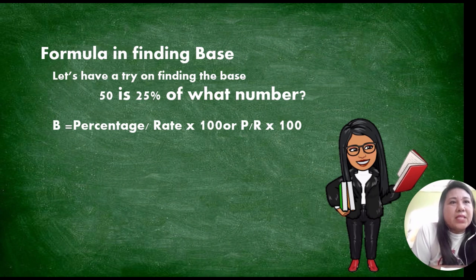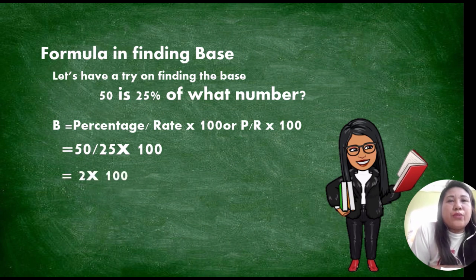So we replace percentage by 50 and rate by 25. So 50 divided by 25 times 100. We find the quotient of 50 divided by 25, which is 2. 2 times 100 equals 200. So, the base is equal to 200.